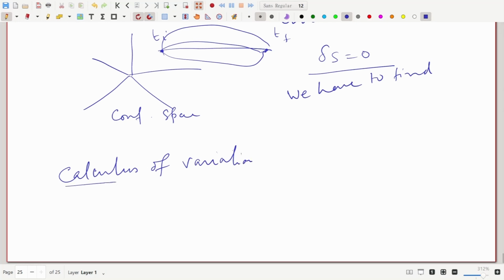So calculus of variation we have started, and we have seen that if you have a functional, say f of y, y dot and x, where y is a function of x and y dot is dy/dx. So f is a functional, meaning function of function.